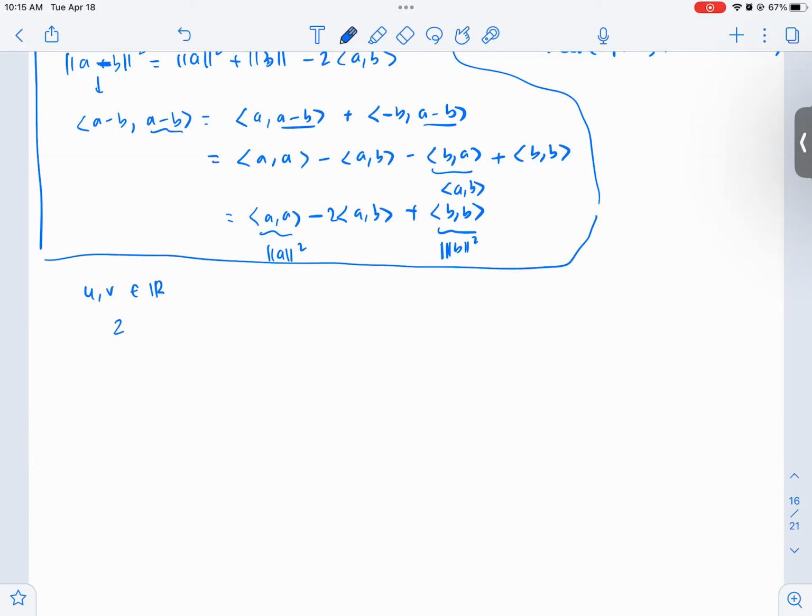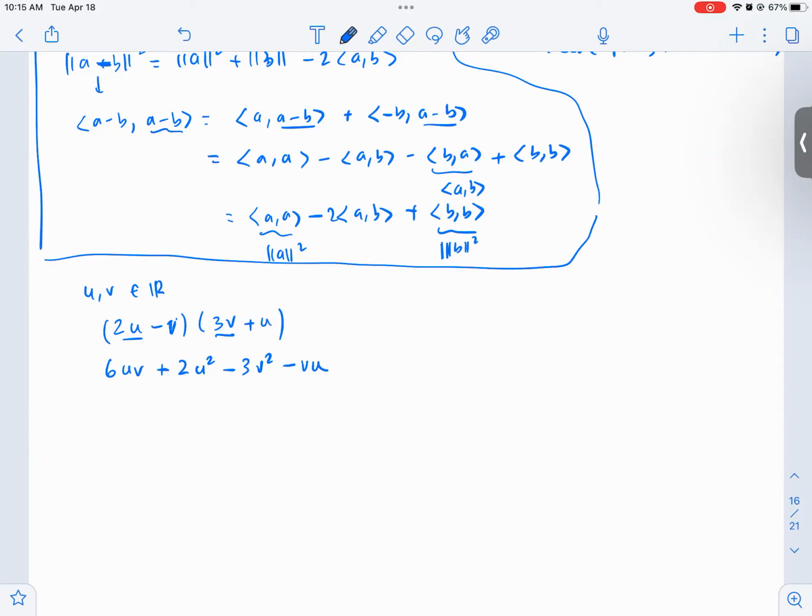If I tell you to multiply 2u minus v times 3v plus u, this is a bilinear operation. It's the usual product, so you just distribute everything. You get 6uv plus 2u squared minus 3v squared minus vu. So you get 4 terms, each one multiplied by the other one.